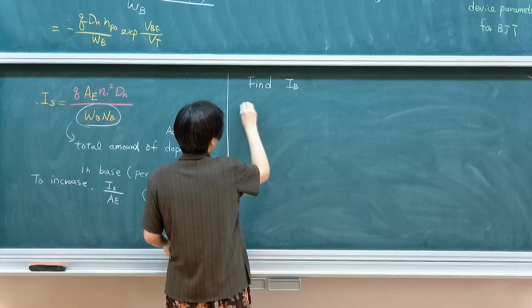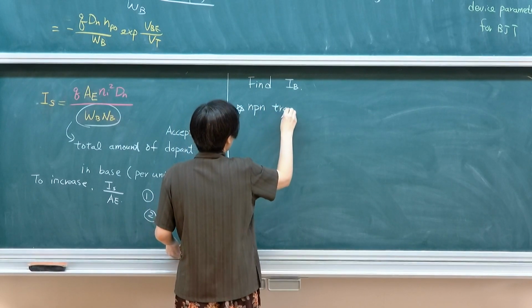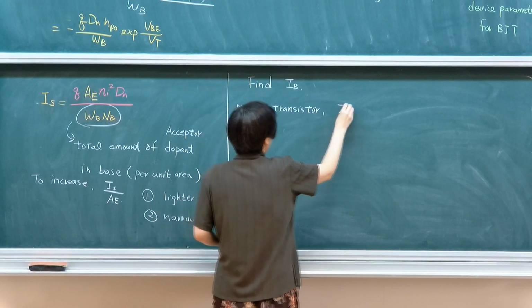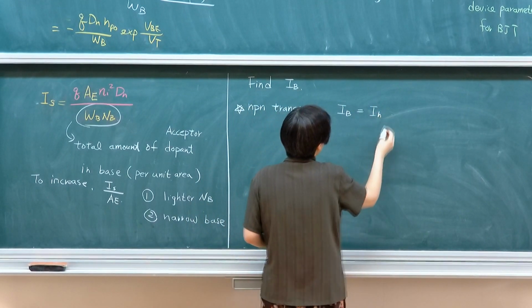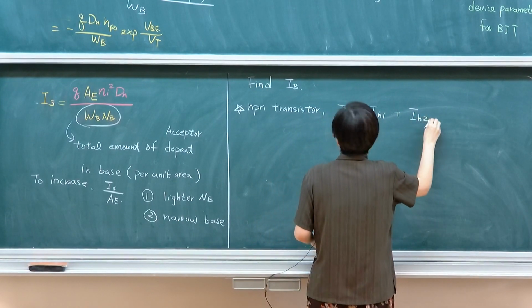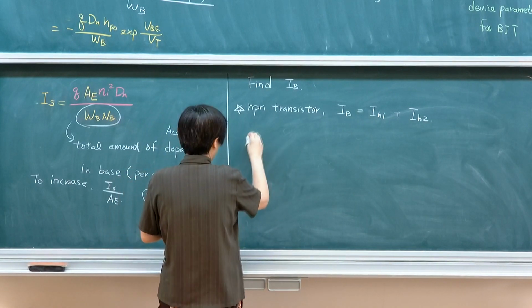So in an NPN transistor, let me emphasize again, in an NPN transistor, the IB will typically be considered as hole 1 plus hole 2. Let me explain why.